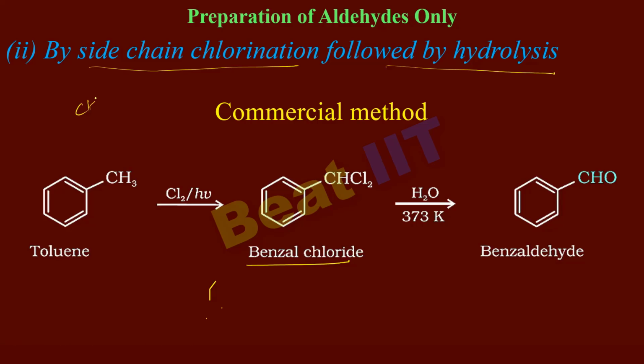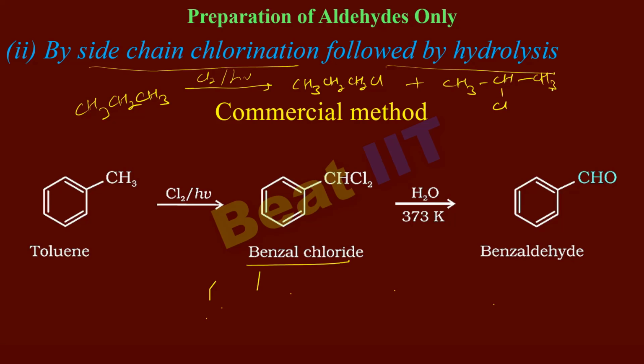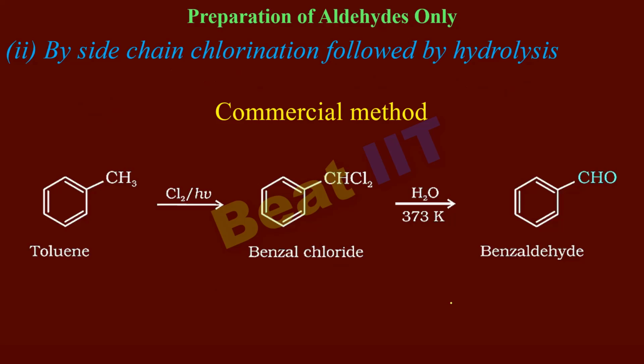So if you have CH3CH2CH3, then on monochlorination, you will get CH3CH2CH2Cl, or you will get CH3CHClCH3. One chlorine at a time. But in this case, that's why we have not written monochlorination. We say side chain chlorination followed by hydrolysis.